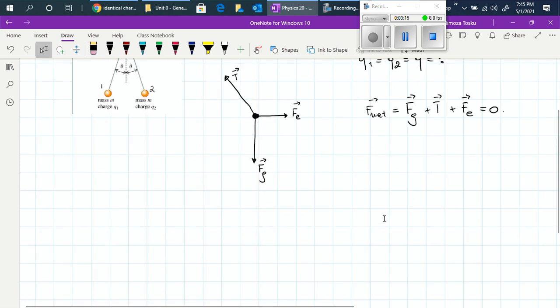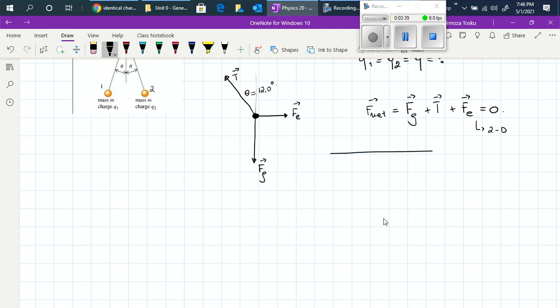Since this is a 2D situation with a certain angle theta here, which just so that you are used to having a number, I will say is 12 degrees, we will add using components.